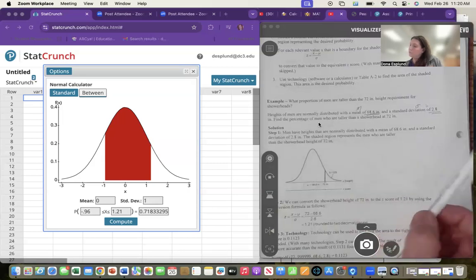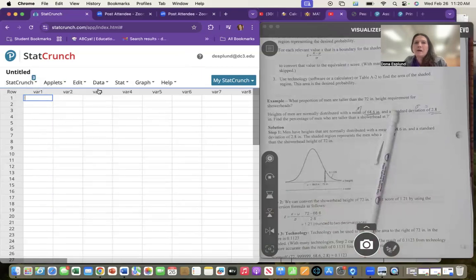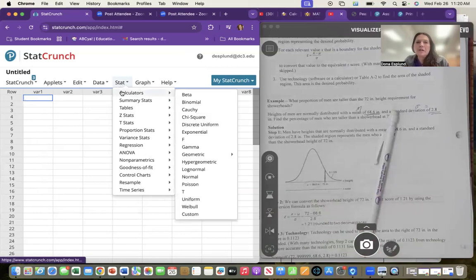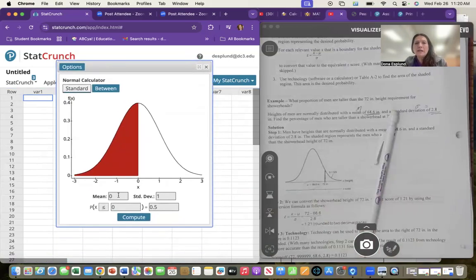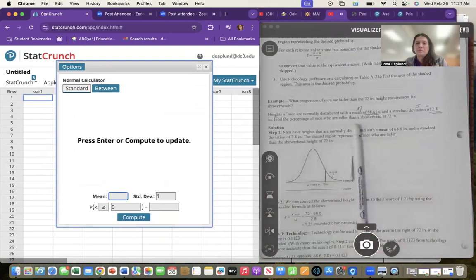What we're going to do is go back to StatCrunch, so let me shut this down. Let me remind you, in order to get to that norm calculator, go to Calculators, and then come over to Normal, and it'll pop up your normal calculator. Mine is set at a mean of 0 and a standard deviation of 1, so I know I'm going to substitute those numbers back in.